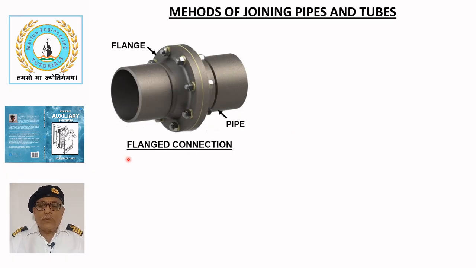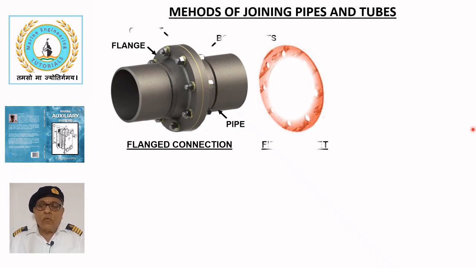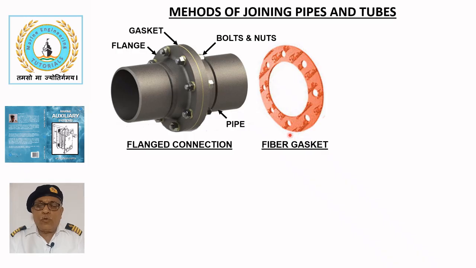The sketch shows a flange connection which uses flanges at the end of pipes. The two flanges are then bolted together with a fiber gasket between them.